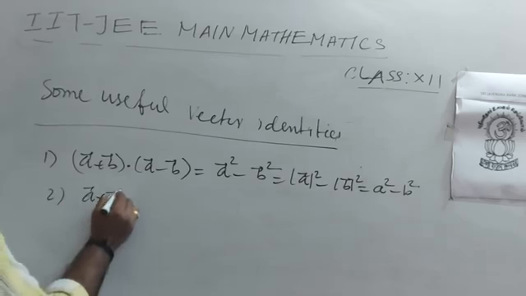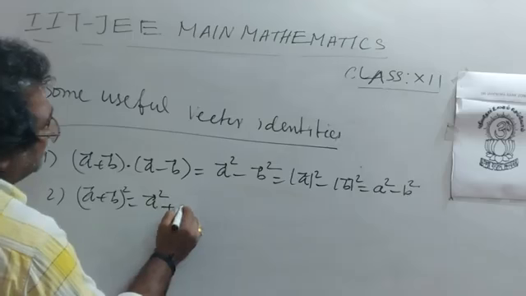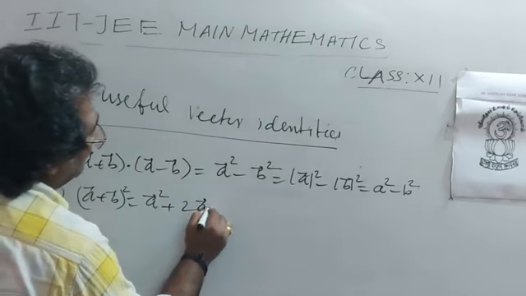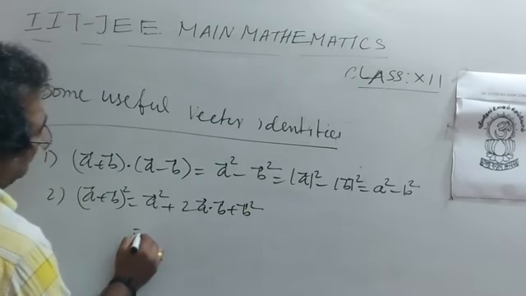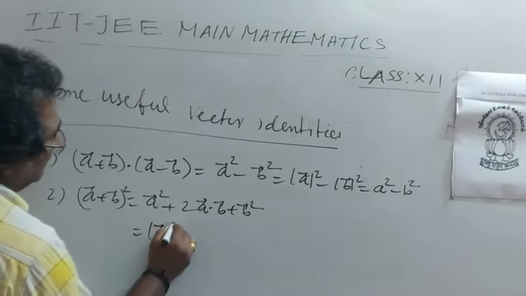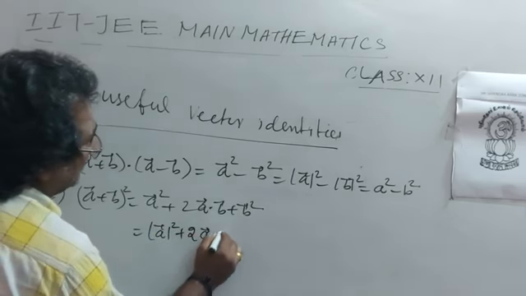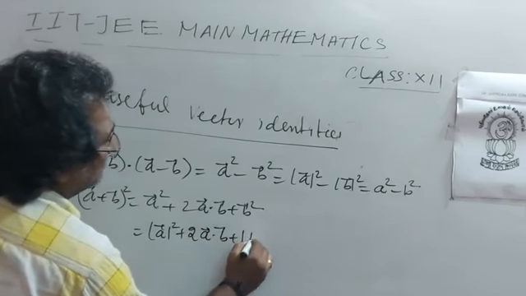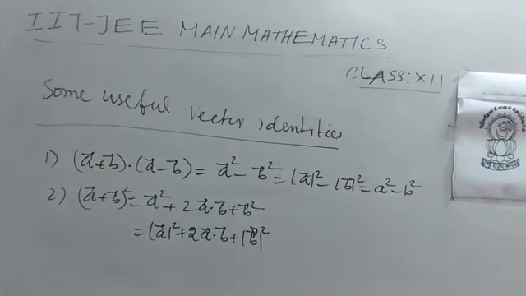A vector plus B vector whole squared equal to A vector squared plus 2 into A vector dot B vector plus B vector squared equal to modulus A vector squared plus 2 into A vector dot B vector plus modulus B vector squared.